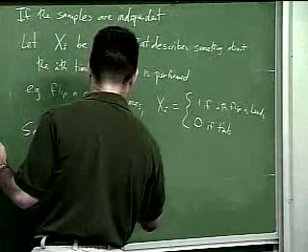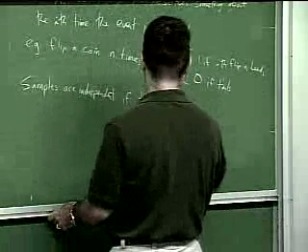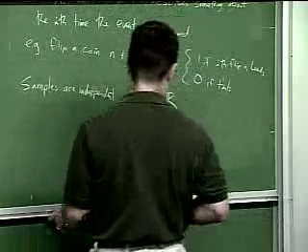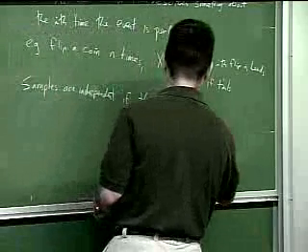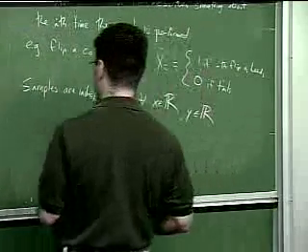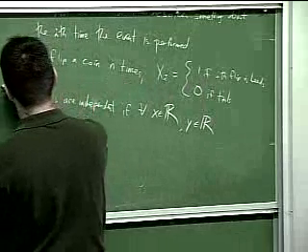Independent if for all values of x and for all values of y. So let's say ith and jth samples.